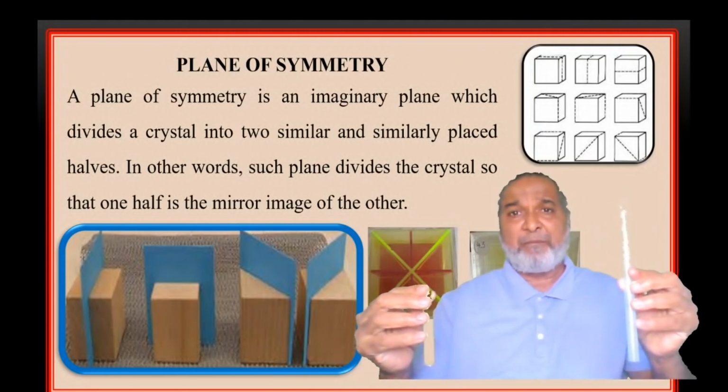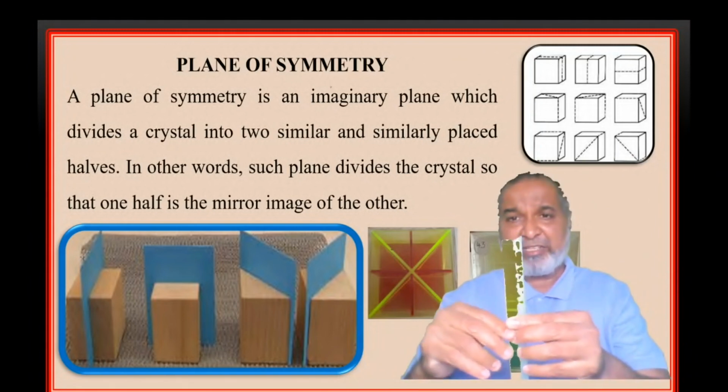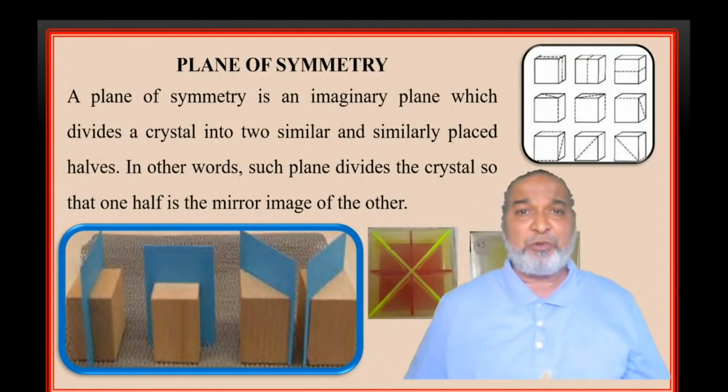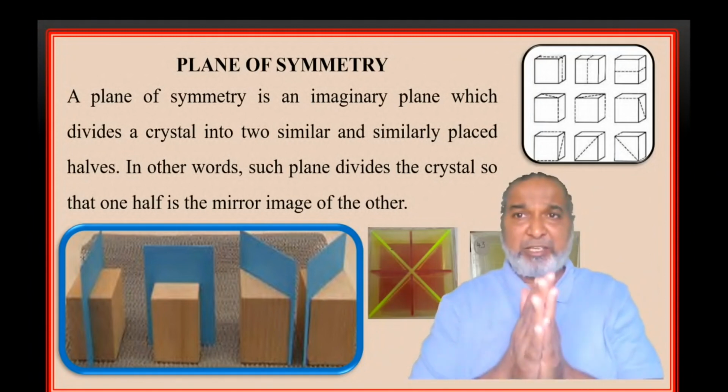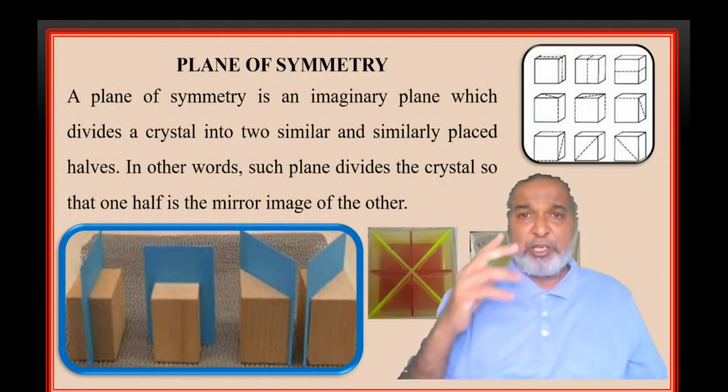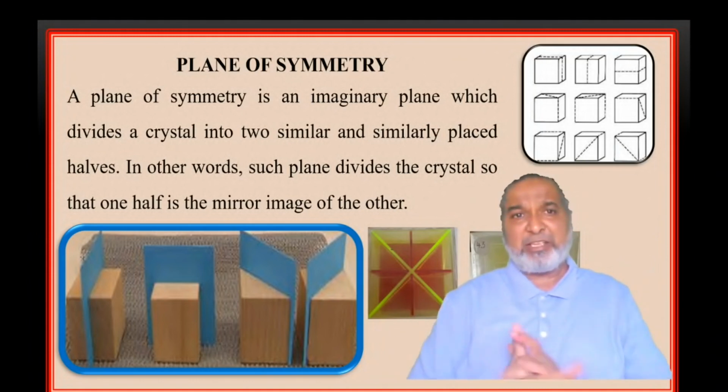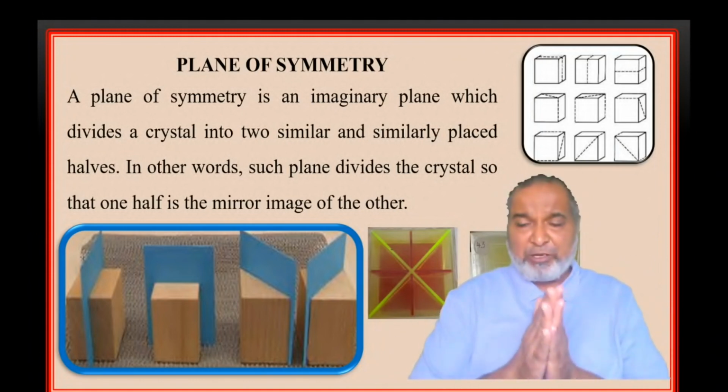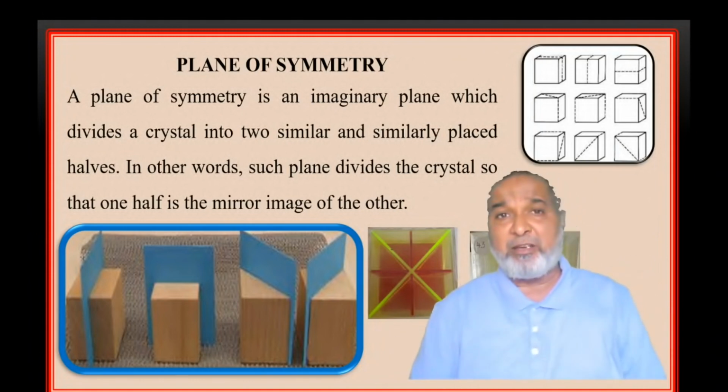They are equidistant, or the height is the same, so they are similar. So that is the mirror image. When an imaginary plane divides a crystal into two equal or similarly placed halves, that becomes a mirror image.